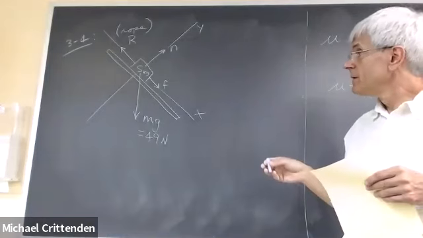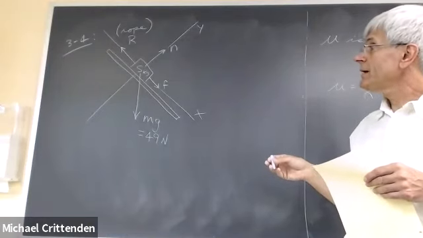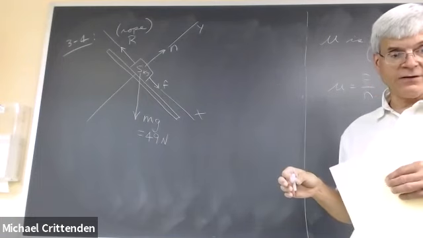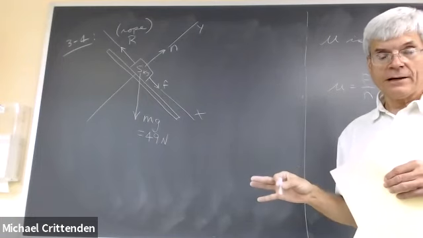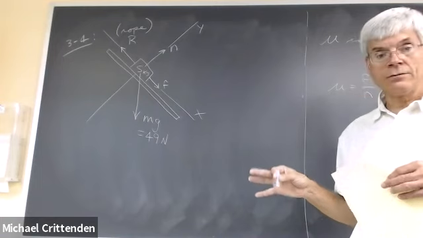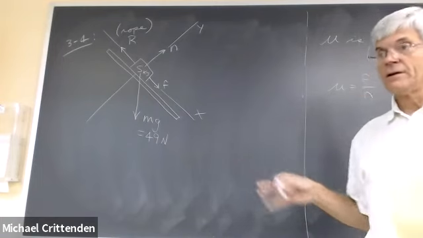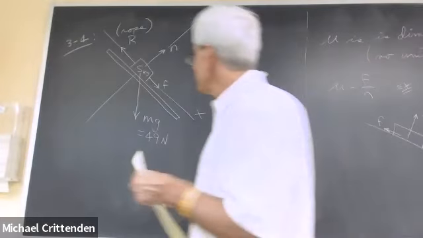And maybe you can kind of see already some of the advantages. If you tip the x and y axes like this, 3 out of the 4 forces are right on one axis or the other, which makes finding the components extremely straightforward.